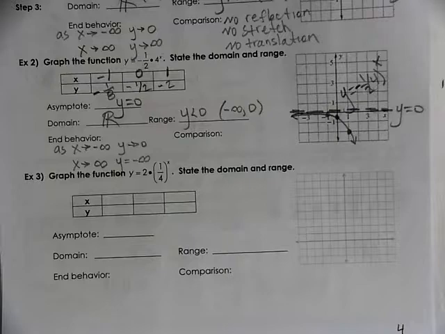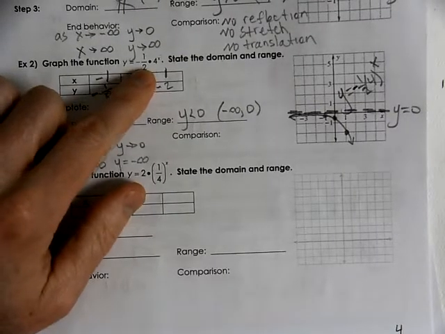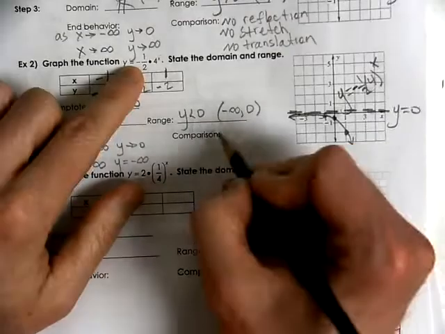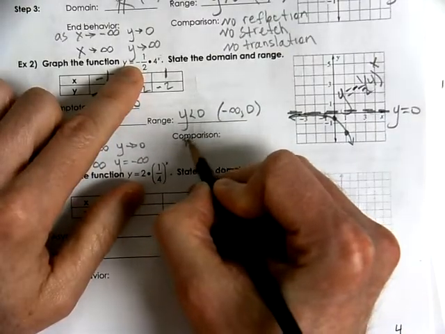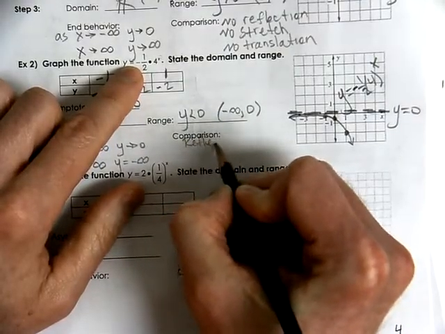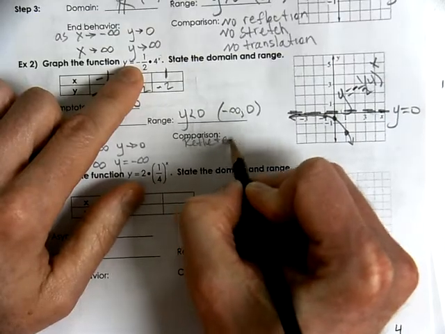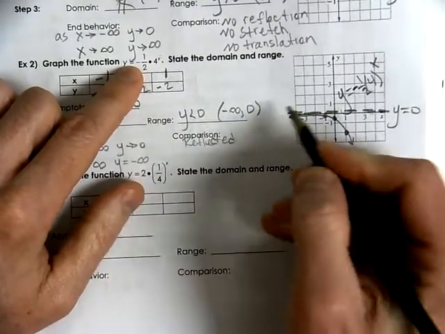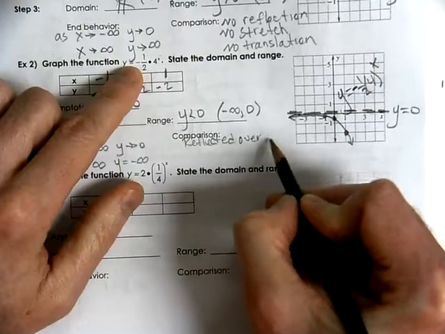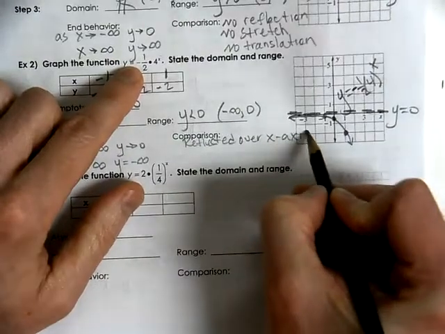In terms of our comparison or our transformations, we see a negative. Reflected over x-axis.